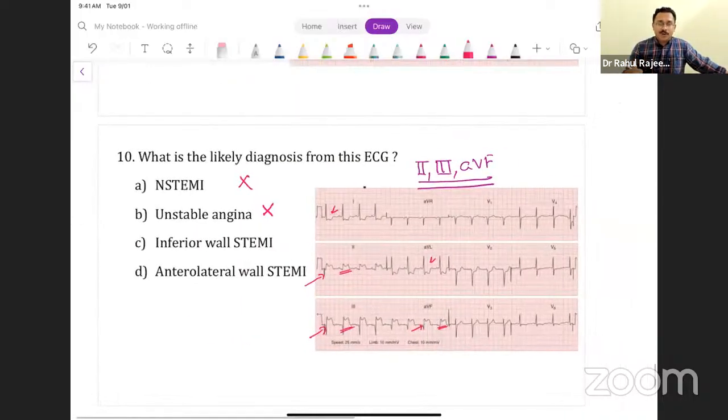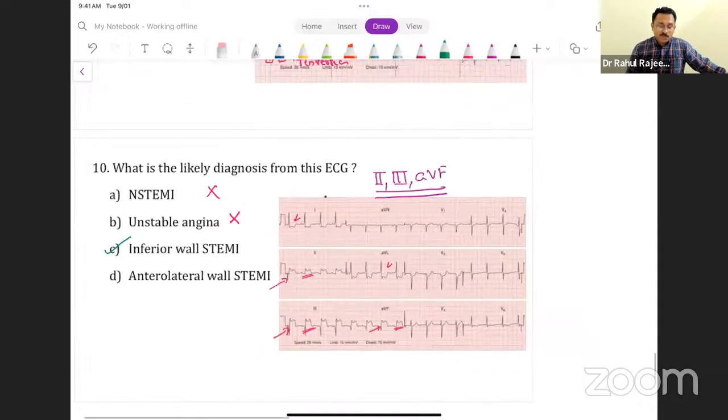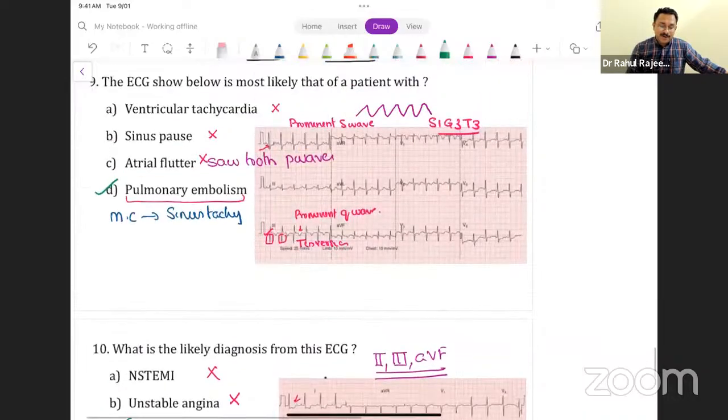So these are reciprocal changes, suggestive of inferior wall ST segment elevation myocardial infarction. So the answer is option C, inferior wall ST segment elevation myocardial infarction.